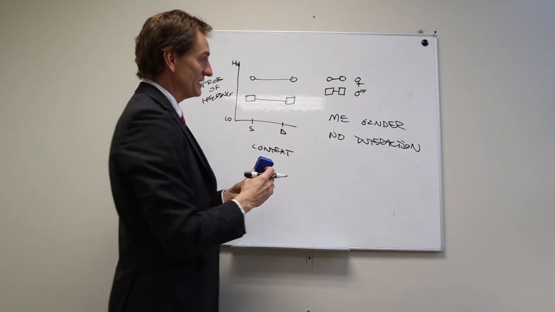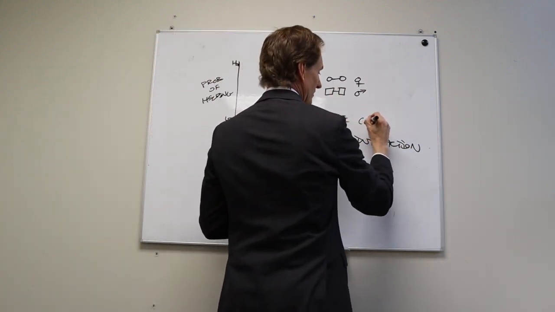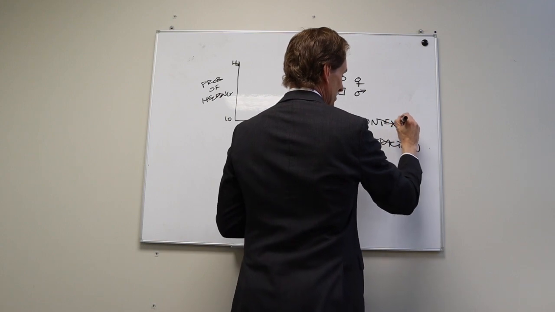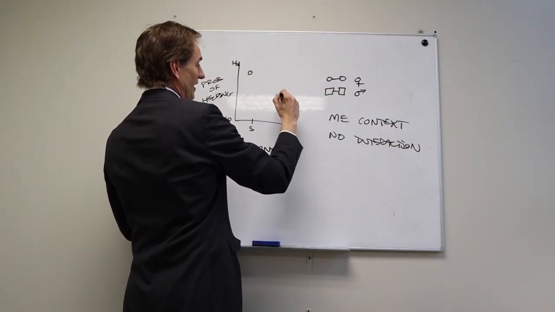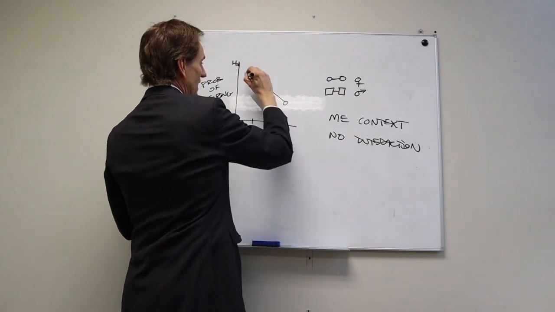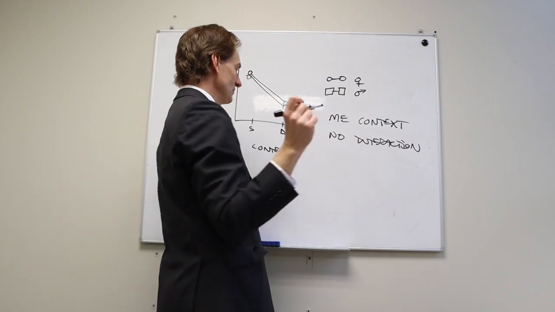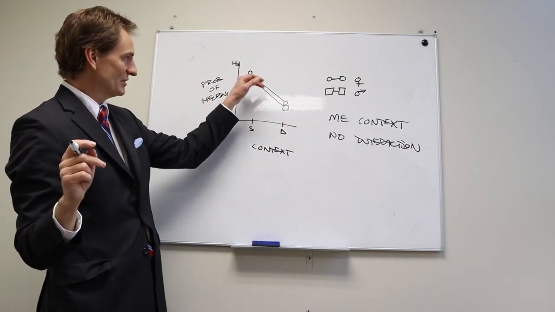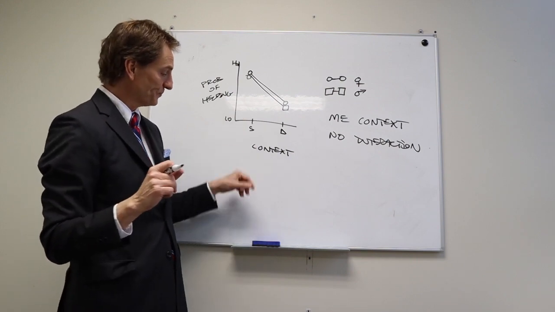What if there is a main effect for context, but not for gender, and no interaction? Then women who are sick are helped more than women who are drunk, and men who are sick are helped more than men who are drunk. And so it looks something like this.